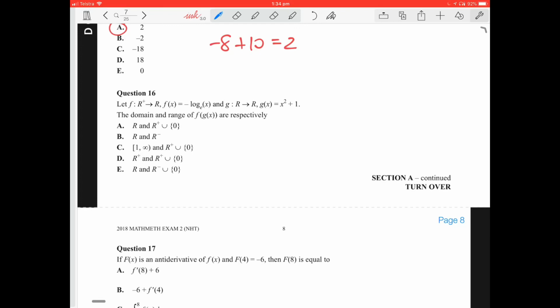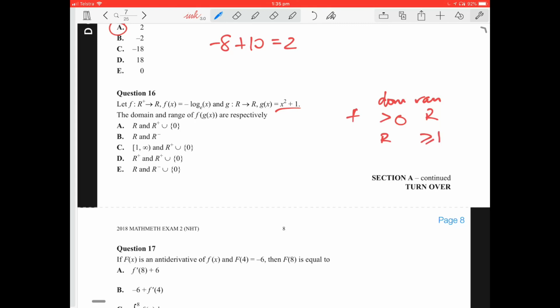The domain and range of f of g of x is respectively... f of g of x. So for f, the domain is all reals, and the range is greater than or equal to 1, that is x squared plus 1.